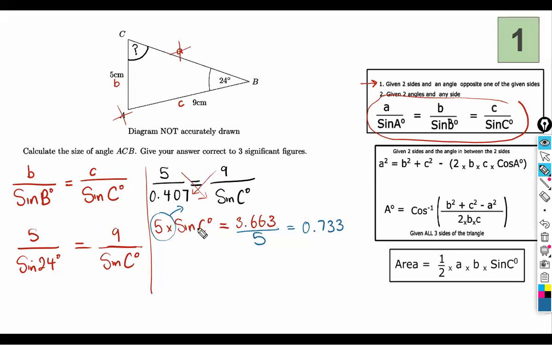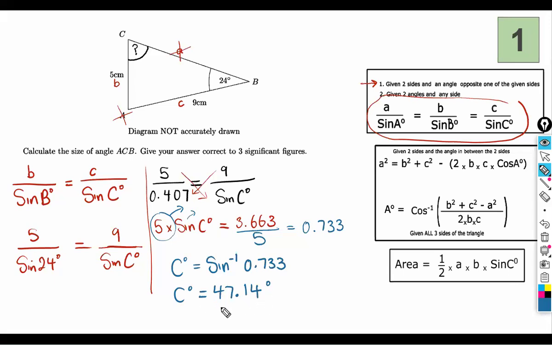So if sine C is equal to this, then we throw across the sine to get sine inverse 0.733. And this will give us how many degrees? Second function, sine, 0.733. I'm getting 47.14 if we round off our final answer to 2 decimal places.